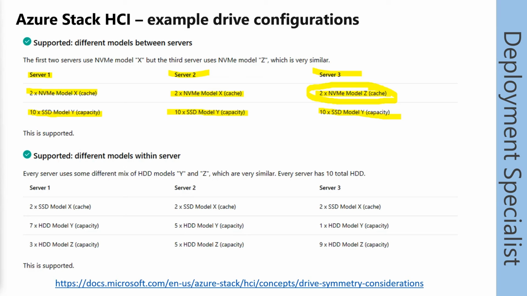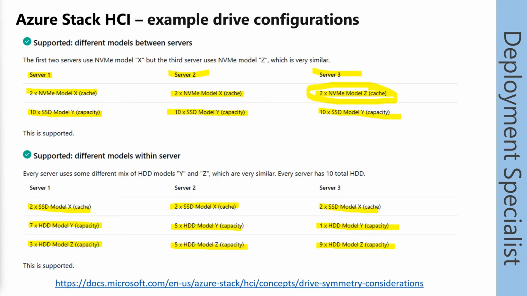What's also possible is that we, for example, have here cache drives in each server, 2 SSDs, and we have 10 hard disk drives in each server, but a different mix. In first server, we have 7 from the one type, 3 from the other type. In the second server, we have 5 from each type. And in the last server, we have 1 from the first type and 9 from the second type.